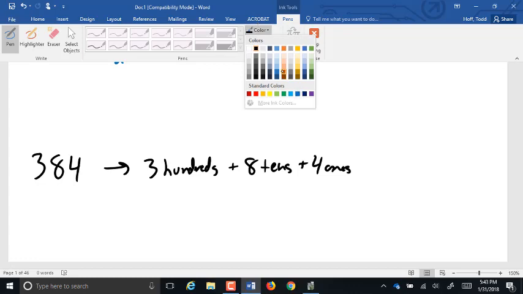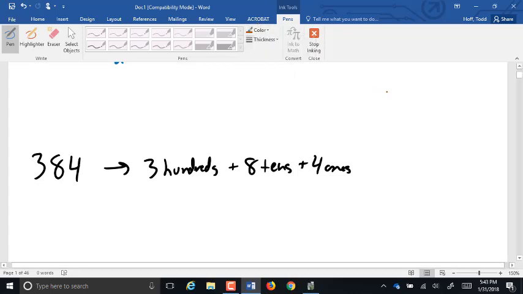But we're going to look at those place values a little bit more closely here for a second. Remember we said this is the ones place, the tens place, the hundreds place, 1,000s, 10,000s, and so on.